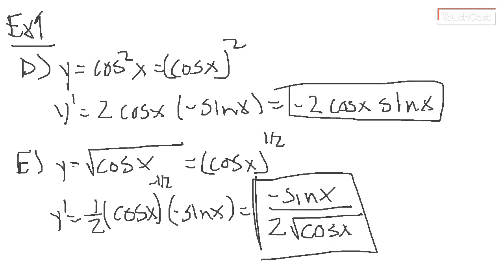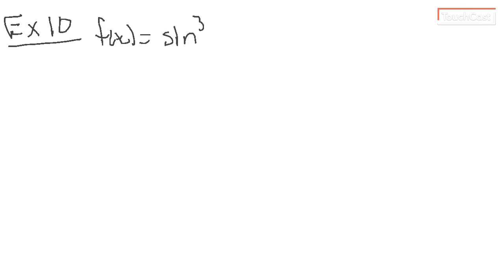Alright, let's move on to our last two examples. We're going to look at example 10, and then we'll look at example 11 when this is done. So 10 is going to be f of t is equal to sine cubed of 4t.